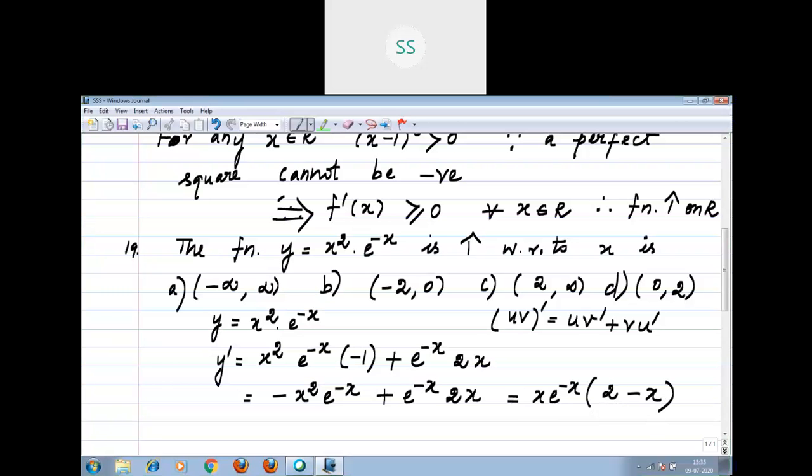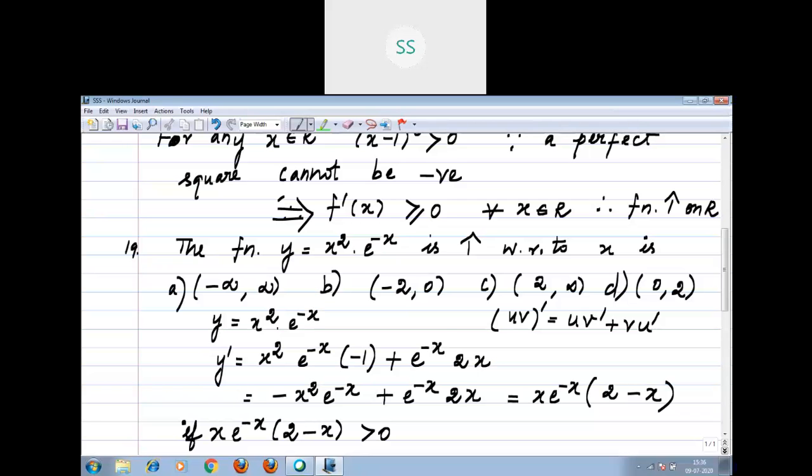Now see, if x into e power minus x into 2 minus x is greater than 0, because increasing is given, definitely it is strictly increasing, then it passes on to the increasing mode.